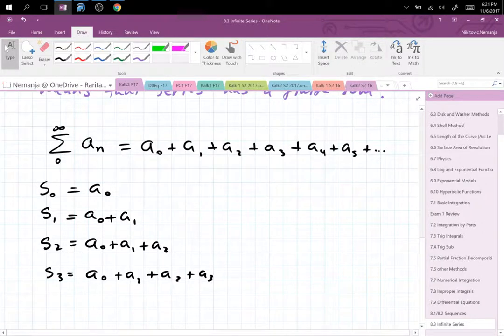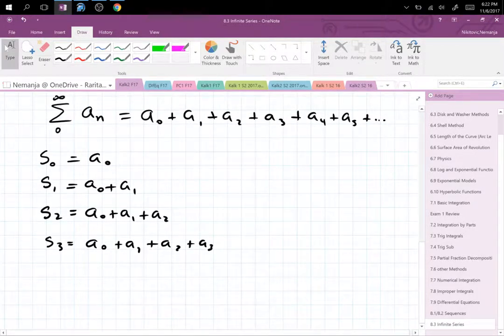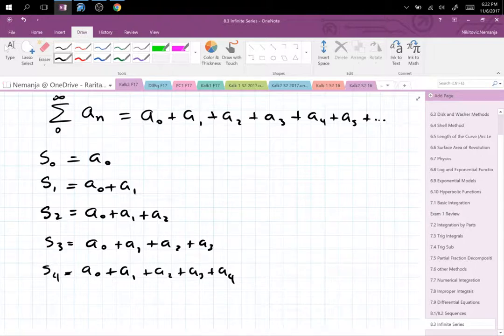You see that all of these will produce some kind of number. I'll write S4 as well: a0 plus a1 plus a2 plus a3 plus a4. We call them partial sums because you use a0 and ignore the rest, then you go a0 plus a1 and ignore the rest. You just take a few terms, add them, and then ignore the infinity of other terms.